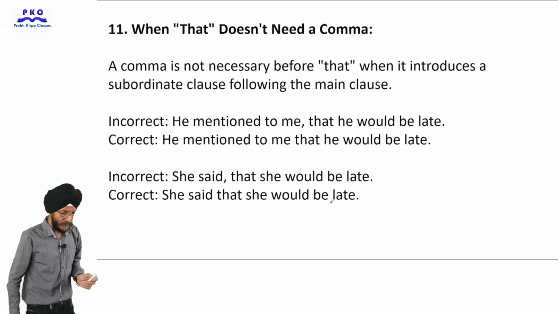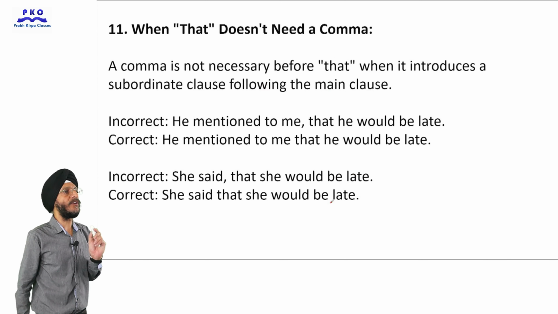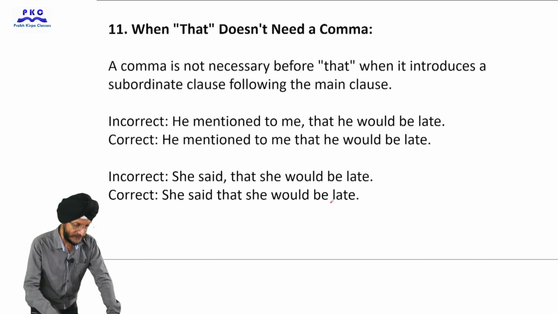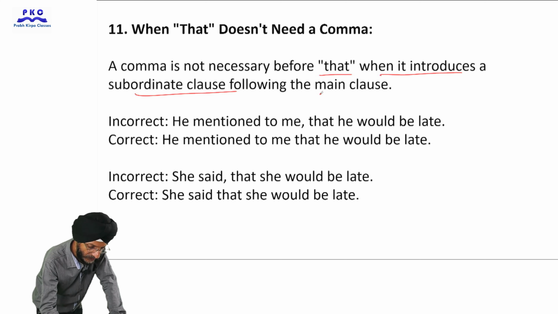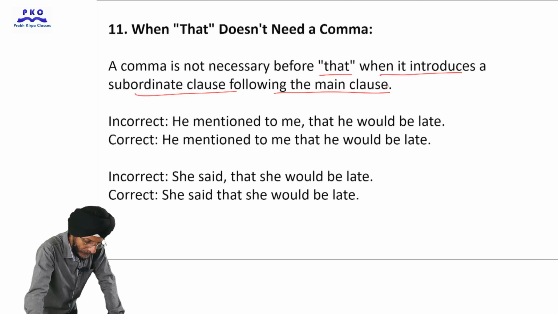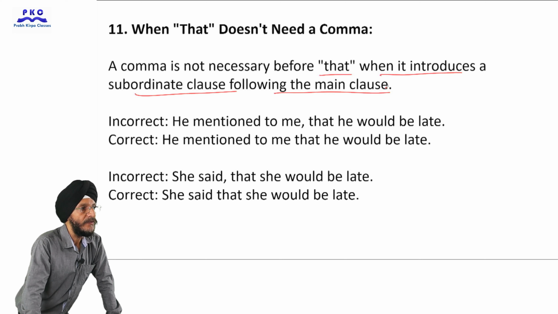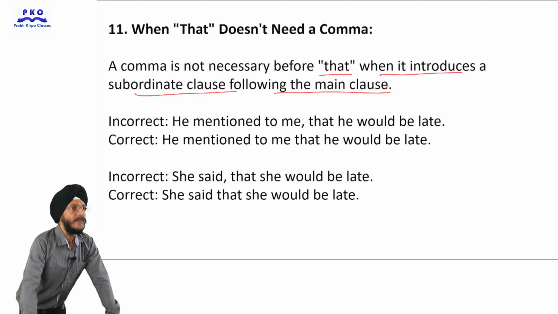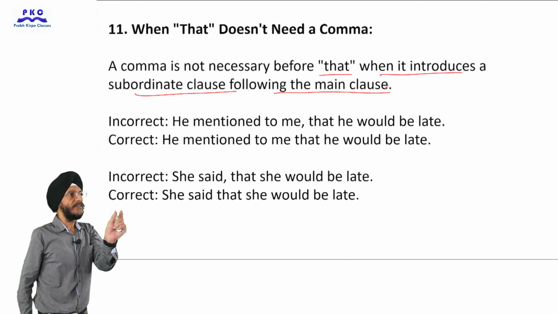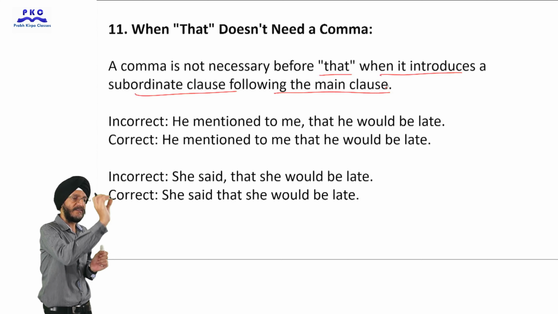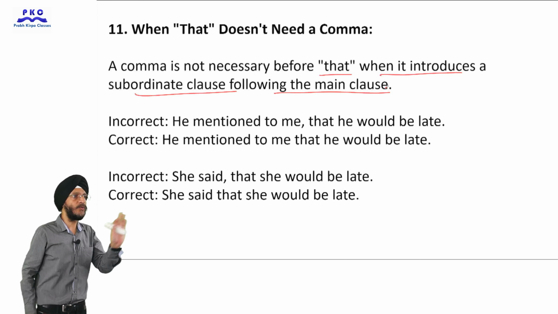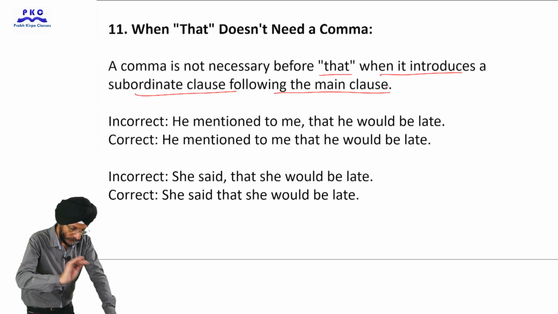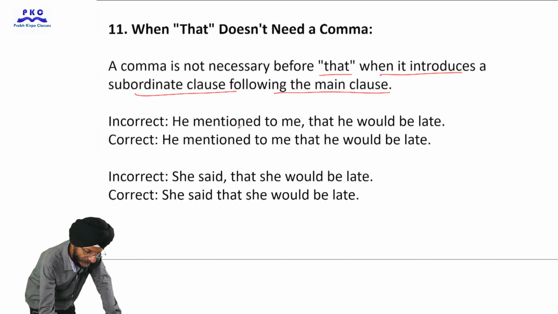Next point is, when that does not need a comma. A comma is not necessary before that when it introduces a subordinate clause following the main clause. When the word that introduces a subordinate clause after the main clause, we should not use a comma before that. He mentioned to me that he would be late.